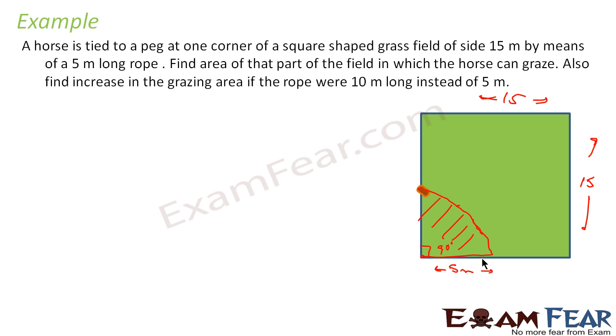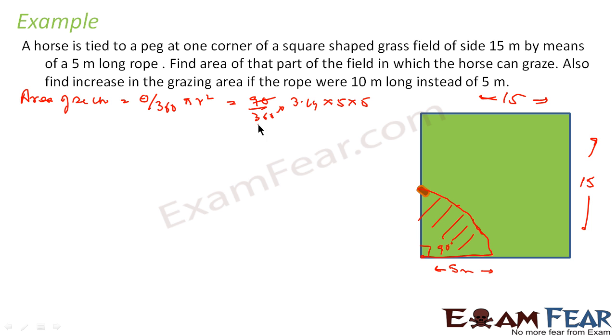So to find the area which it can graze, we say the area of the sector is theta by 360 pi r square. Theta is 90, so 90 by 360 into pi. Let me take 3.14, because r is 5, it won't get cancelled anyway, into 5 into 5.